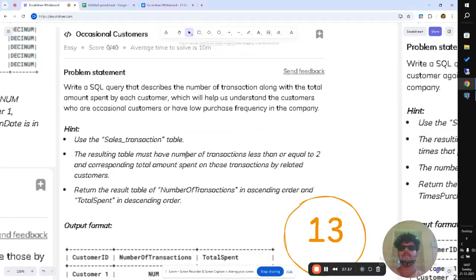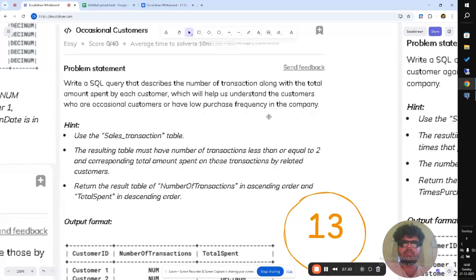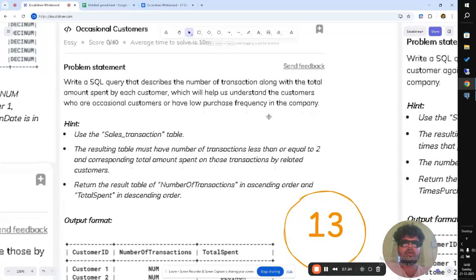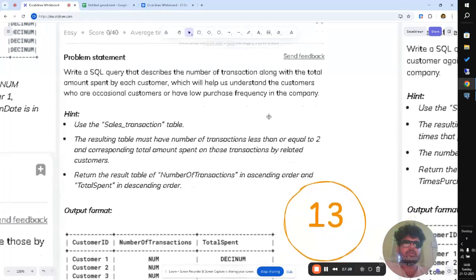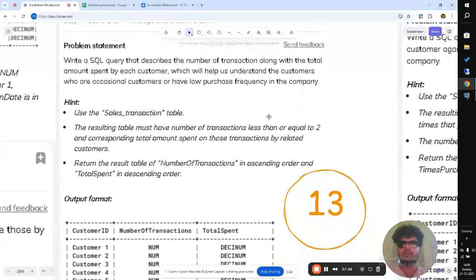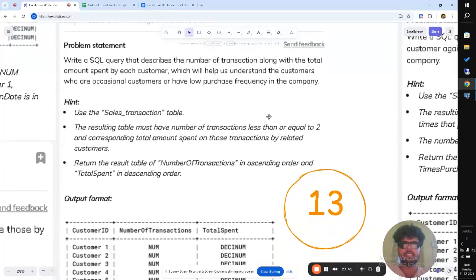Write a SQL query to describe the number of transactions along with the total amount spent by each customer, which will help us understand the occasional customers, or how low the purchase frequency is in the company. Same, we are using the sales transaction table.